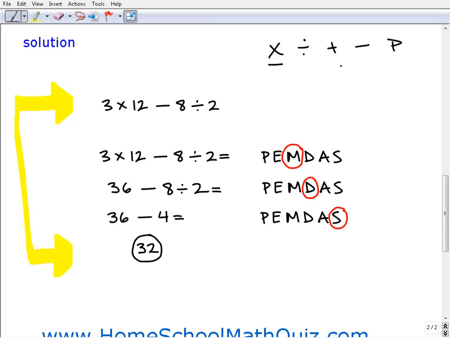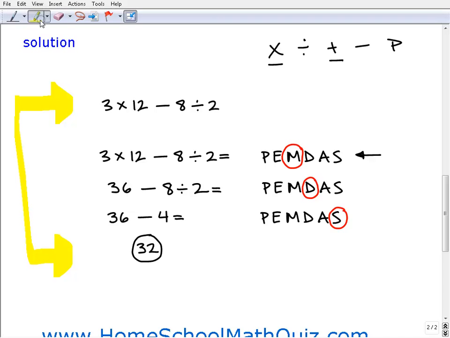Do we multiply first, then add first, etc. And you can see down here I have this phrase, PEMDAS, and you should be familiar with that. This is, in fact, the order that we want to take to do these operations. So the P stands for parentheses, E stands for exponents or powers, M is multiplication, D is division, A is addition, S is subtraction, and we're going to do this from left to right.